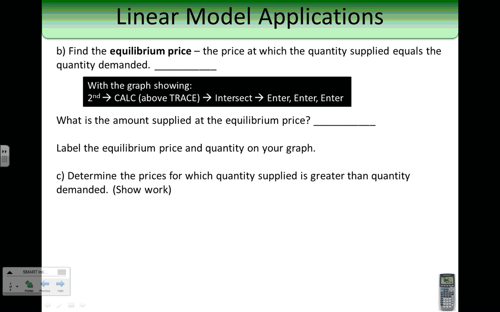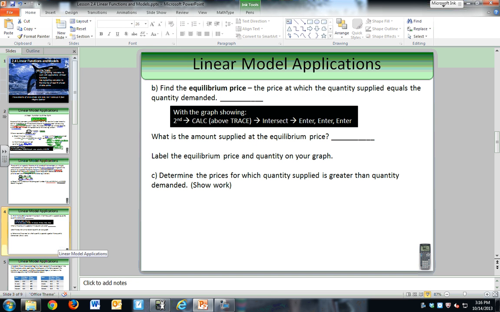That's the equilibrium price. What price could I set my phones at so that I do not have any extras? Our goal here is to figure out a good price. We don't want to make our phones too expensive because then the supply is going to be more than the demand. Let's go back to our graph a little bit here.